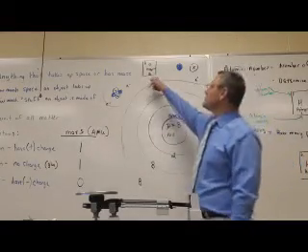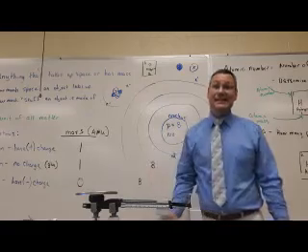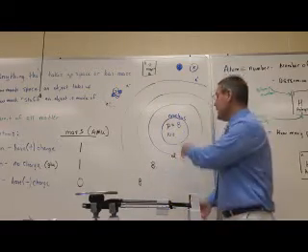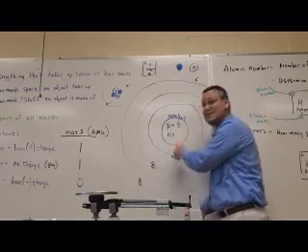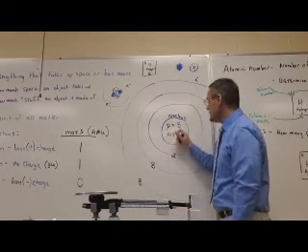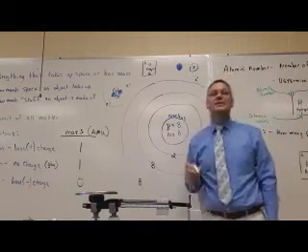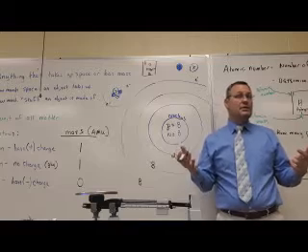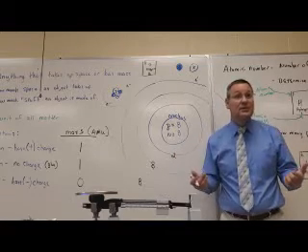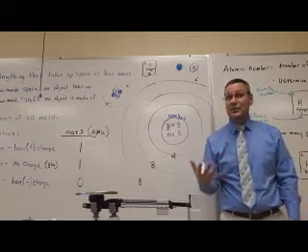I know there's a total of 16. So if I've got 8 protons, how many more neutrons makes it equal 16? 8 plus 8 is 16. Now, the number of protons and the number of electrons is going to be the same. There are 8 protons, so I need 8 electrons.